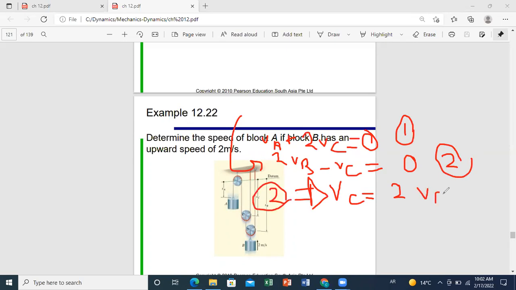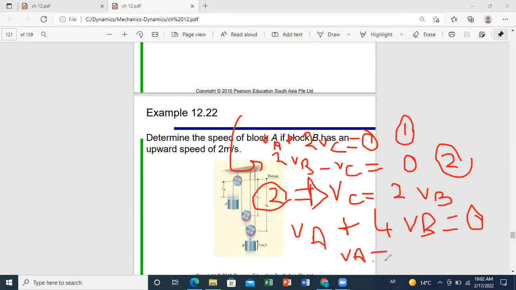Now, if I replace in equation 1, I will get that VA plus 4VB is equal to 0. And then we can write that VA is equal to minus 4 VB.